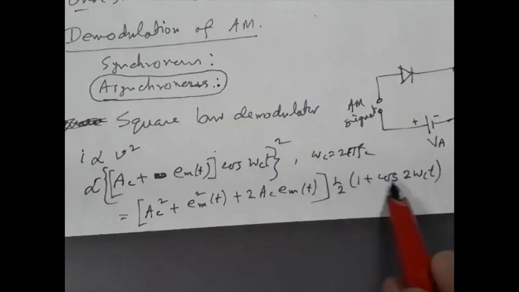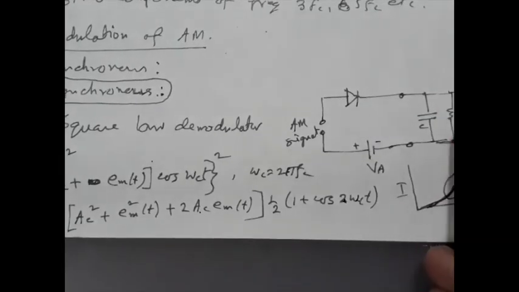Now we have to multiply them. Once we multiply them, cos 2 omega ct multiplied by this thing will have a frequency of twice omega c, which is very, very high, and that must be eliminated by this filter.